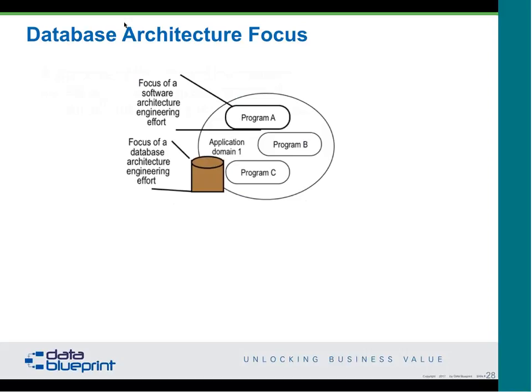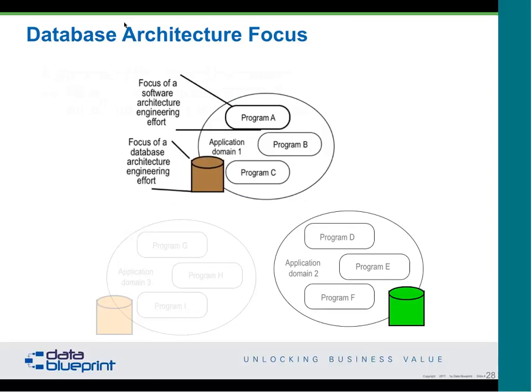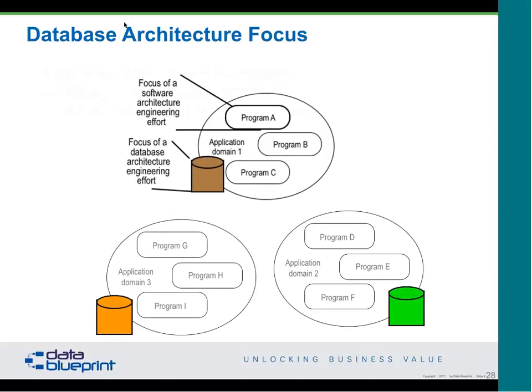But let's dive in and look at the rationale for this for just a bit. If I've got an IT project, whatever that IT project happens to be, and I have a database and I have some programs accessing that database, then the architecture of that piece can be pretty well defined by the data that is used in there. That would be the focus of the data. But the question is, if you have multiple projects that are going on, when does the brown database communicate with the orange database and the green database?